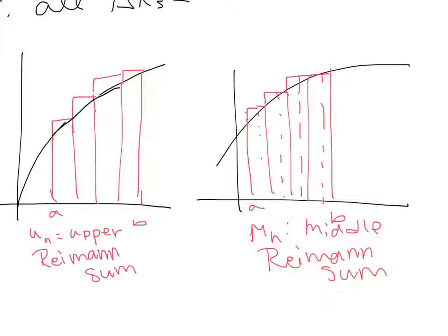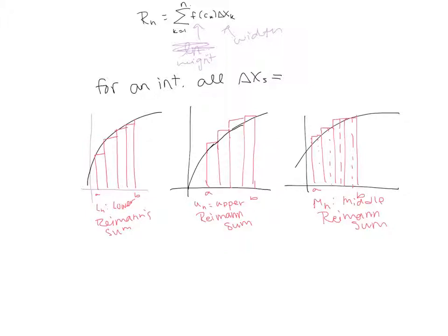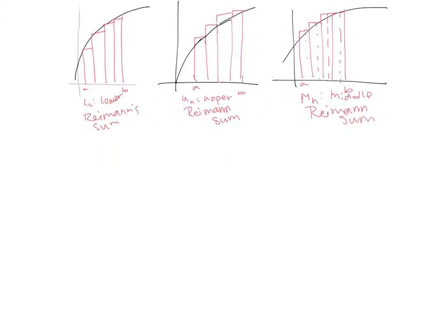Now we're going to use all this knowledge about our lower, upper, and middle Riemann sums to understand how the definition of the definite integral works. This is the crux of what we're doing today, and this will kind of be the end of it. Let me just move this up so we have more space.